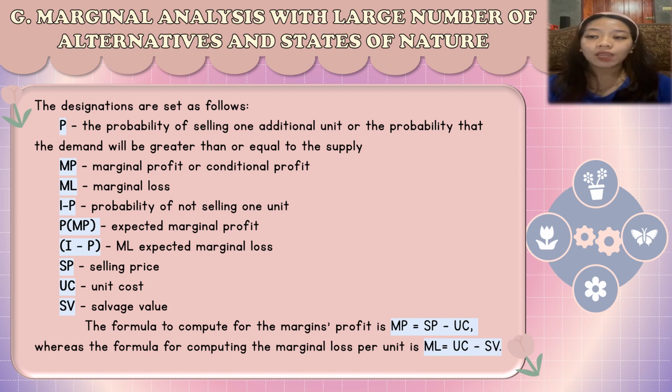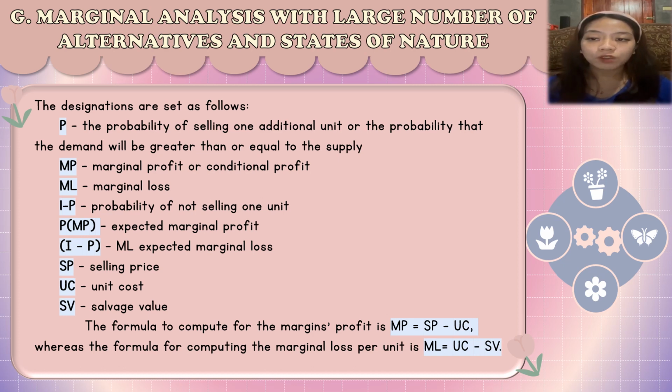So, P times MP is the expected marginal profit. So, 1 minus P times ML is the expected marginal loss. SP means selling price. UC means unit cost. And lastly, SV means salvage value.